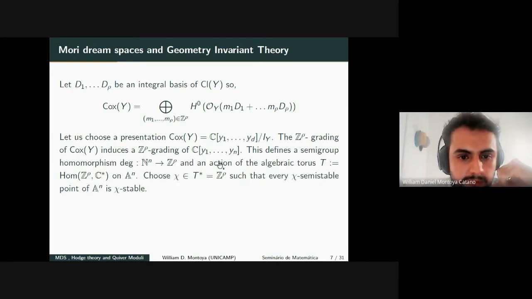Then having a grading of this ring is going to define a semigroup homomorphism between N^n and Z^rho. How?